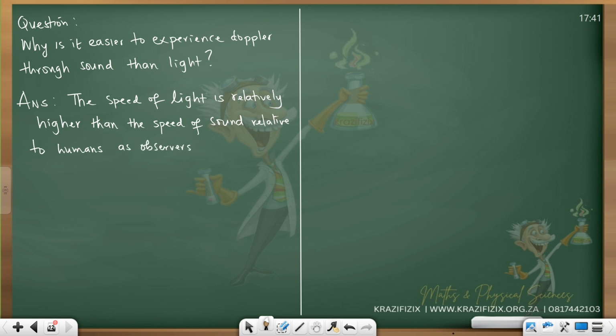In case you want to see it, the speed of light is 3 times 10 to the power 8 meters per second. That's 300 million. While the speed of sound, look at the difference, 340. These are constants.